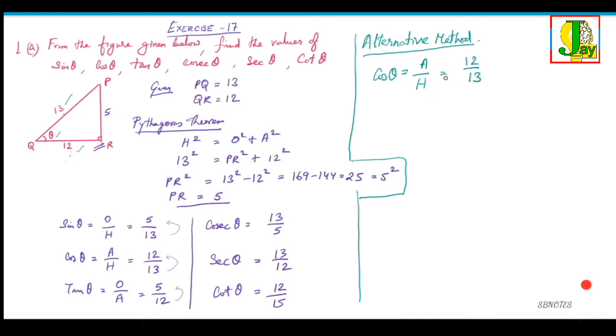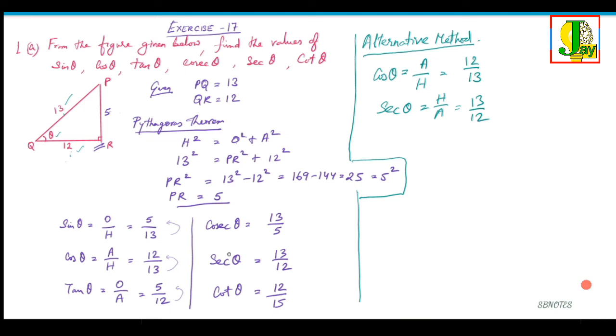Now here comes to identify the identity you are going to use. So any of the identities that you can find using cos theta, we know that sec theta we can find. Sec theta is the reciprocal of this, hypotenuse by adjacent, and that's 13 by 12.